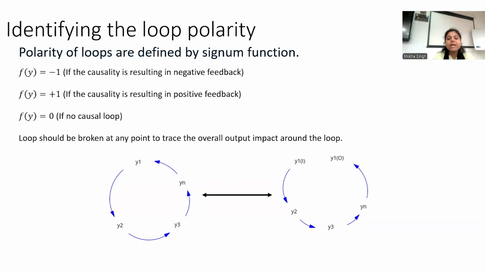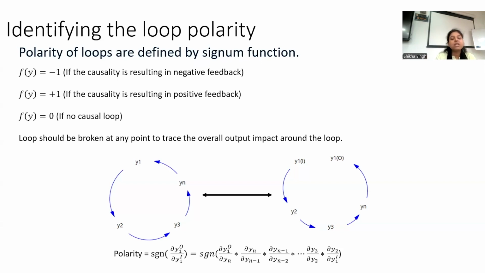So the loop has been broken down at this particular point. If I have broken it at the Y1 point, it will help us understand the overall resultant polarity of the feedback, whether it is positive or negative in this cycle. If I would like to understand Y2, I can break the loop into Y2i and Y2o, and then I can identify the resultant.